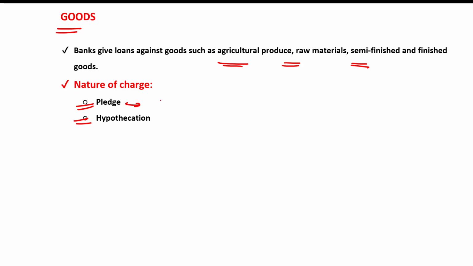Pledge is governed by the Indian Contract Act of 1872, and hypothecation is governed by SARFAESI. The pledge is when possession lies with the bank.